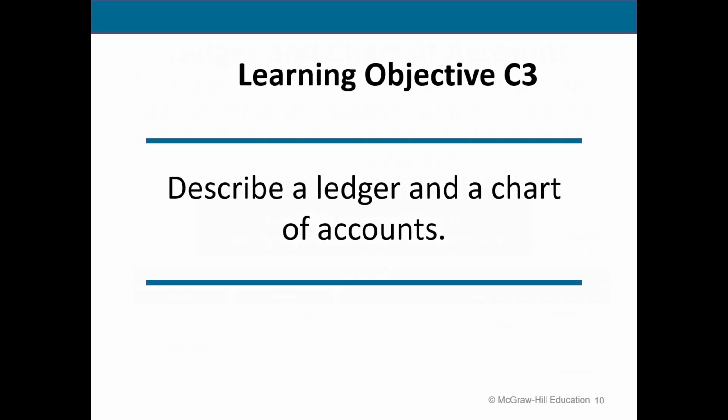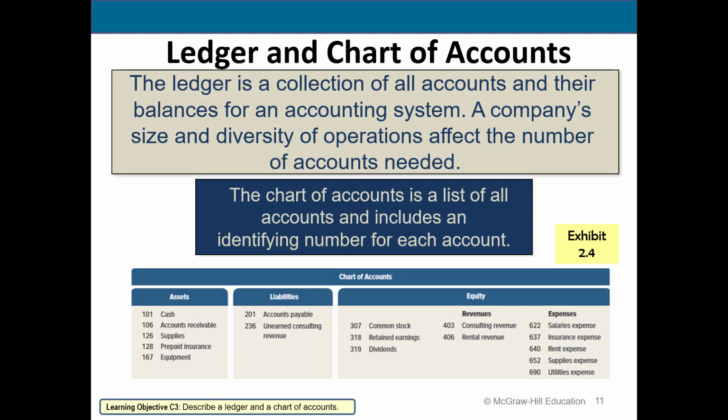So now we're going to look at a ledger and a chart of accounts. A ledger is the collection of all of the accounts for a particular company, and the chart of accounts is a listing of all the accounts along with an identifying number for each account. So you can see that the cash account is 101, revenues, consulting revenue is account number 403.